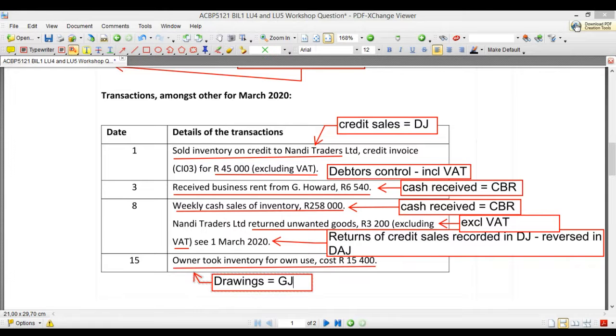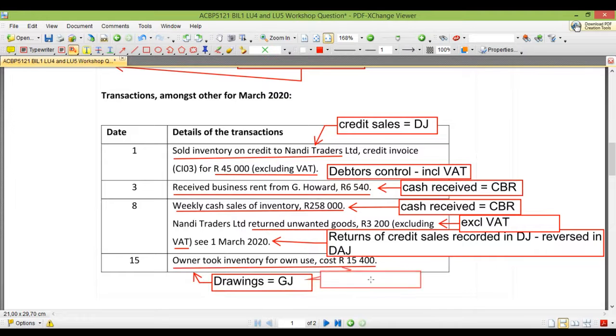It would be inclusive, that's correct, because they said everything is inclusive unless stated otherwise. So this is inclusive of VAT. Okay, so let's capture these three transactions then on our Excel file. Just going to share the Excel file again.